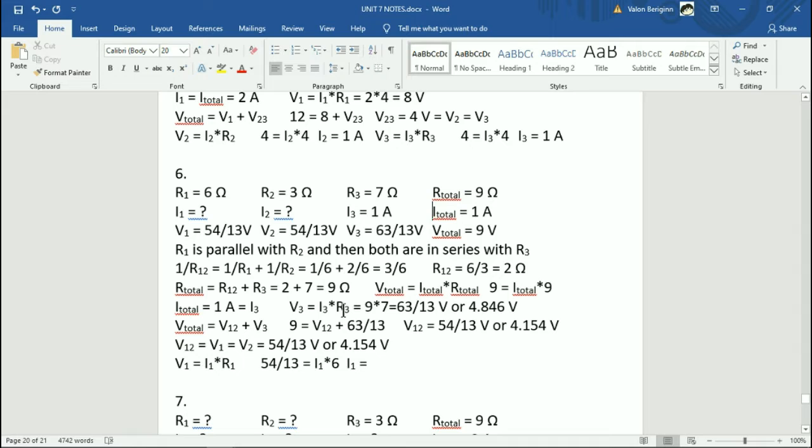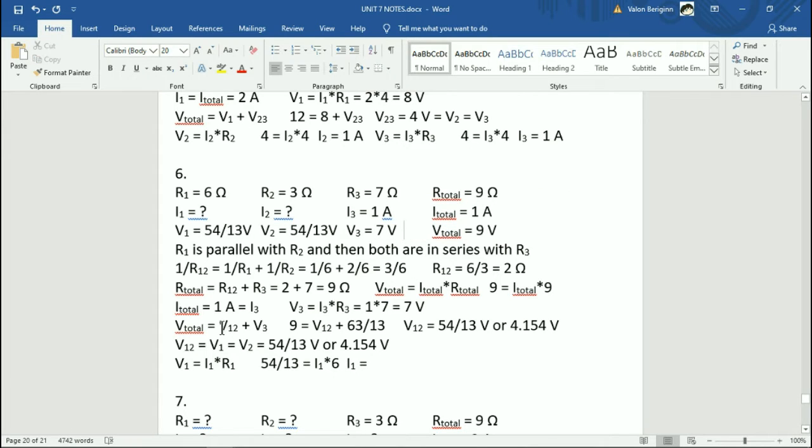I have to slowly rebuild all this. So I3 equals 1 times 7 equals 7 volts. Making sure, so this should be 7.